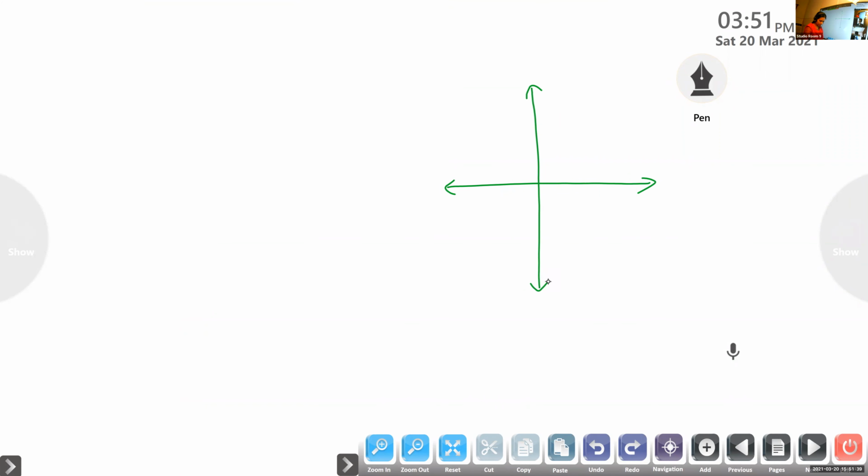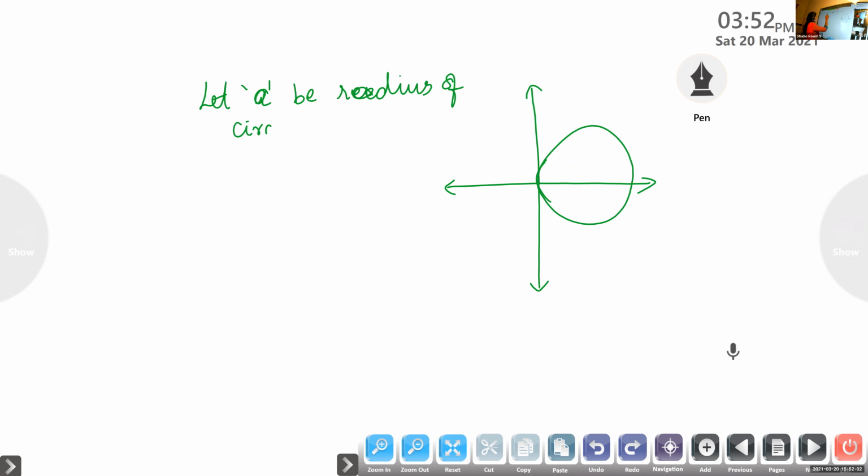Okay, now listen, children. Circle touching the y-axis at origin means we'll be getting a circle only at this. Let us take A to be the radius of the circle. Now look here.